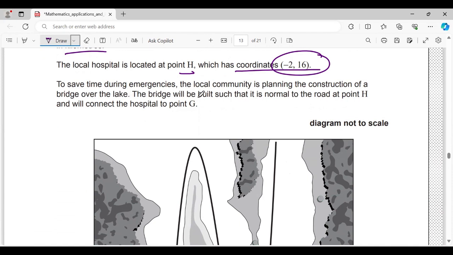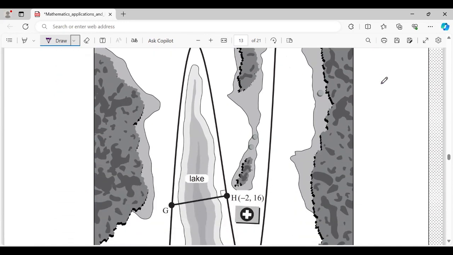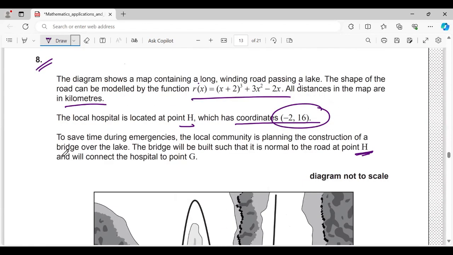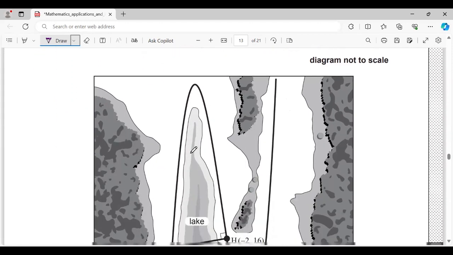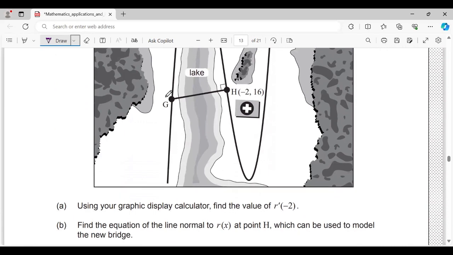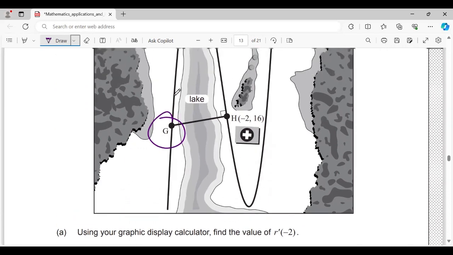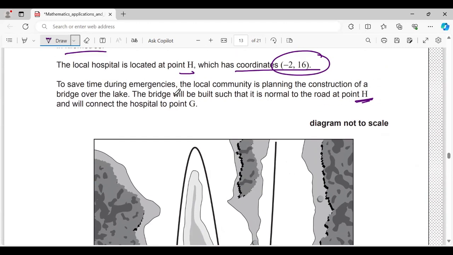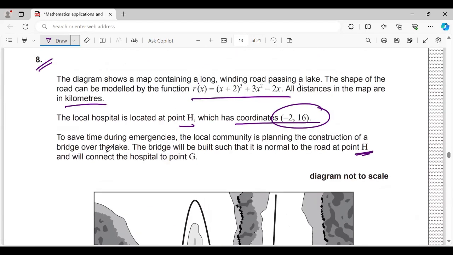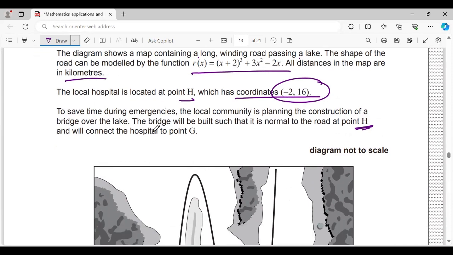The bridge will be built such that it is normal to the road at point H, and will connect the hospital to point G.